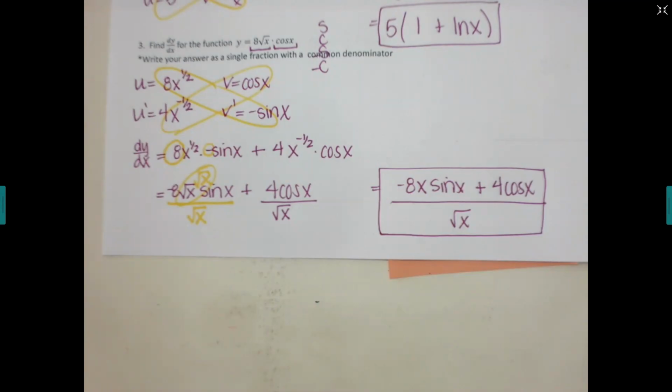We have one more product rule. Okay, so go ahead and start off number 4 for me. So separate it into your u times v. Then take the derivative of both pieces and give it a shot.